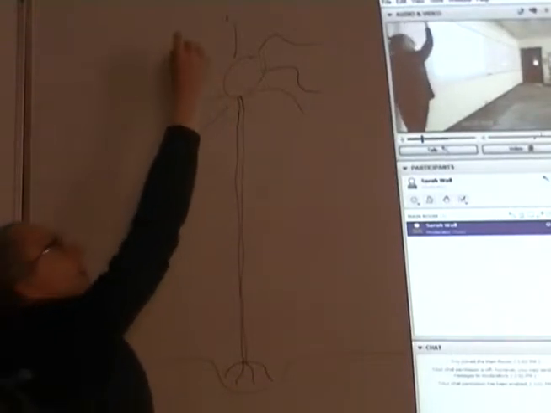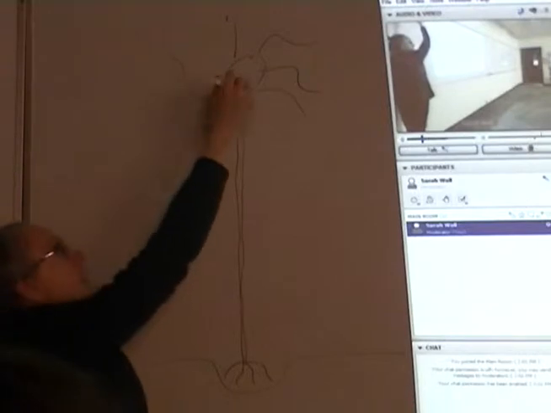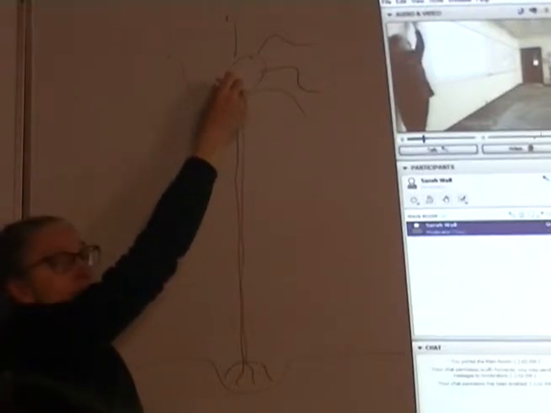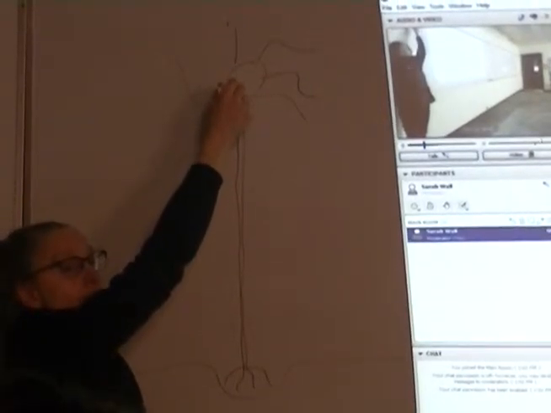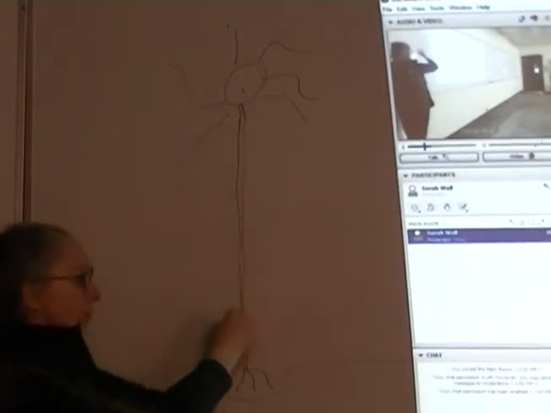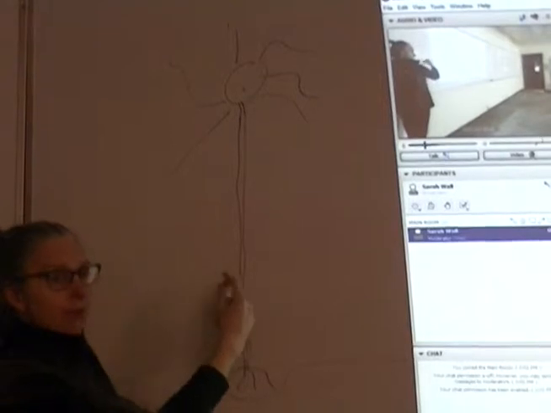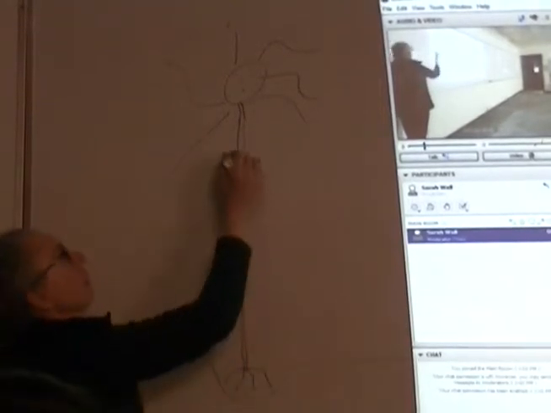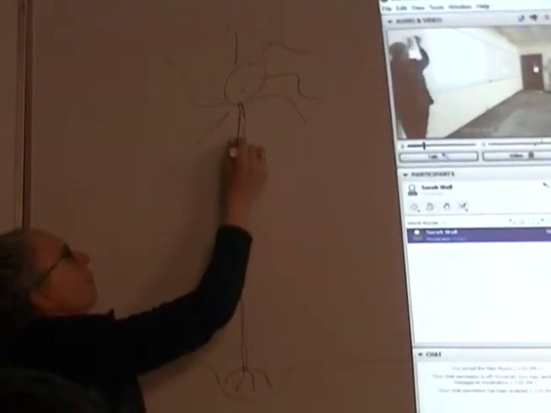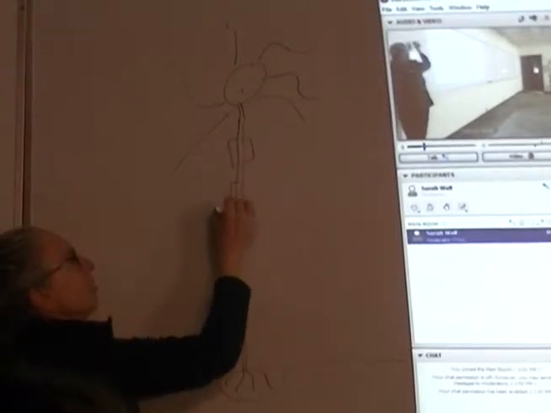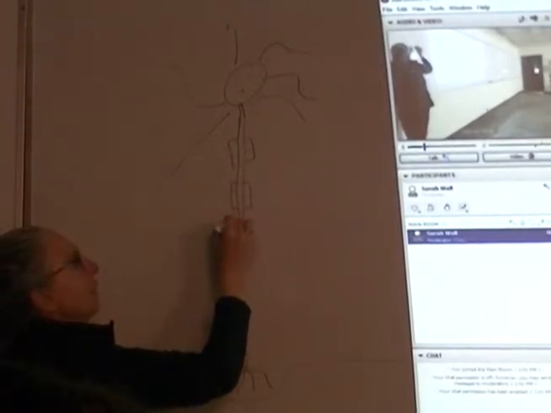If enough signal comes in to initiate an action potential at the cell body, then the action potential will travel down the axon to the nerve. But we want it to travel quicker. So we wrap these pieces of fatty tissue around the axon.